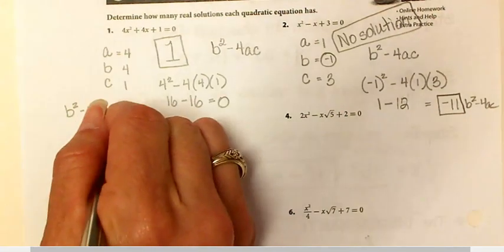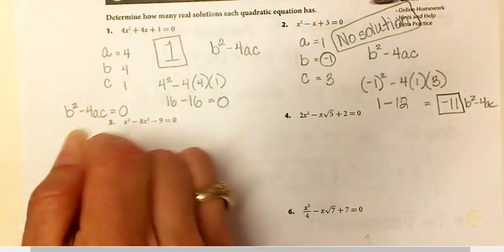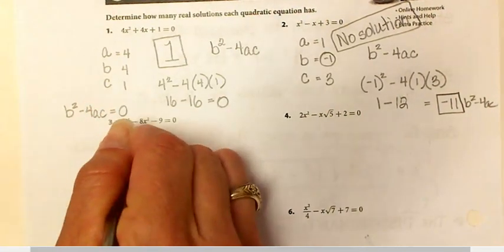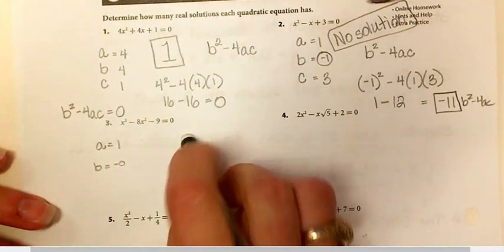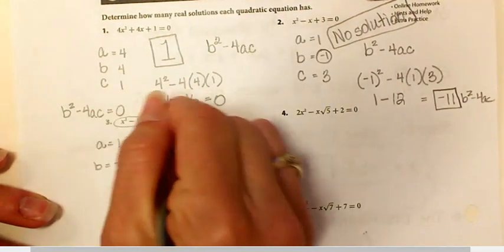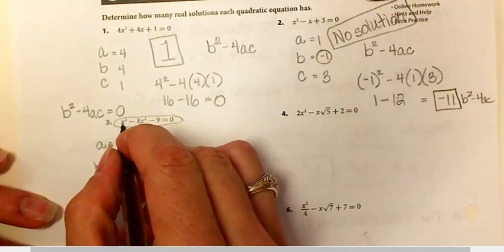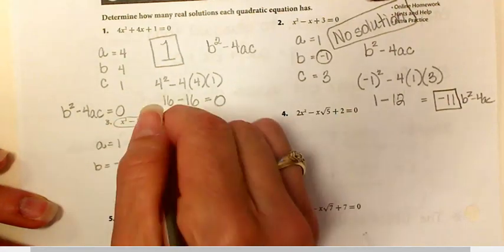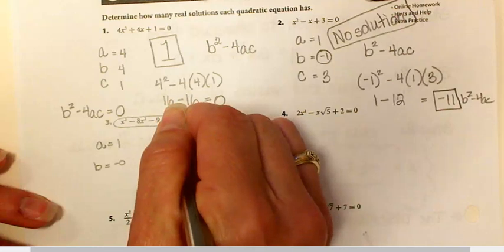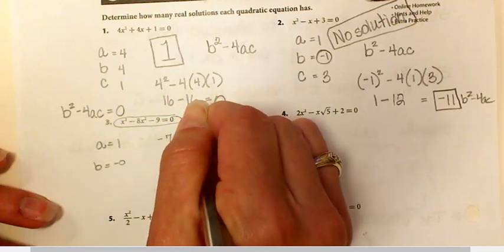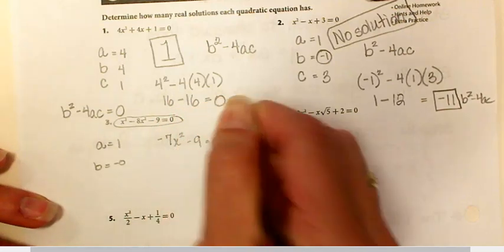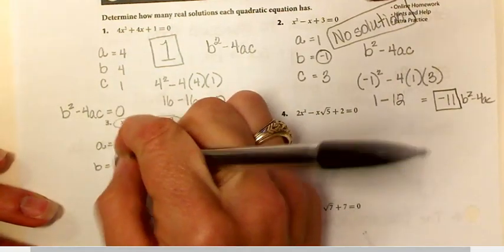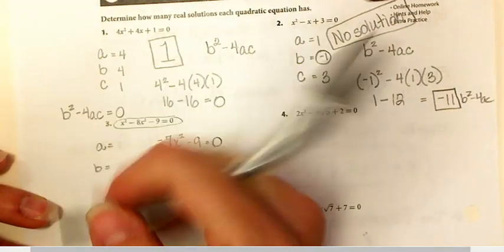Number 3, A is 1, B is negative. Oh, nope. Halt the presses. They almost got me. X squared minus 8x squared is -7x squared minus 9 equals 0. So just hold your horses.